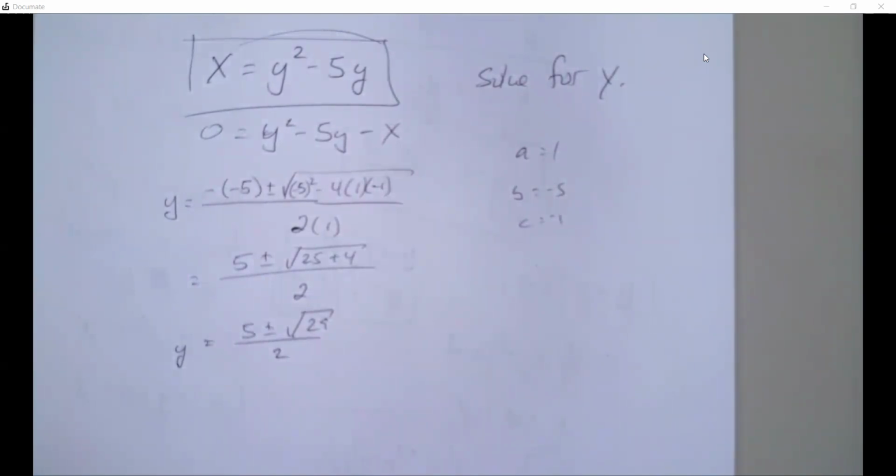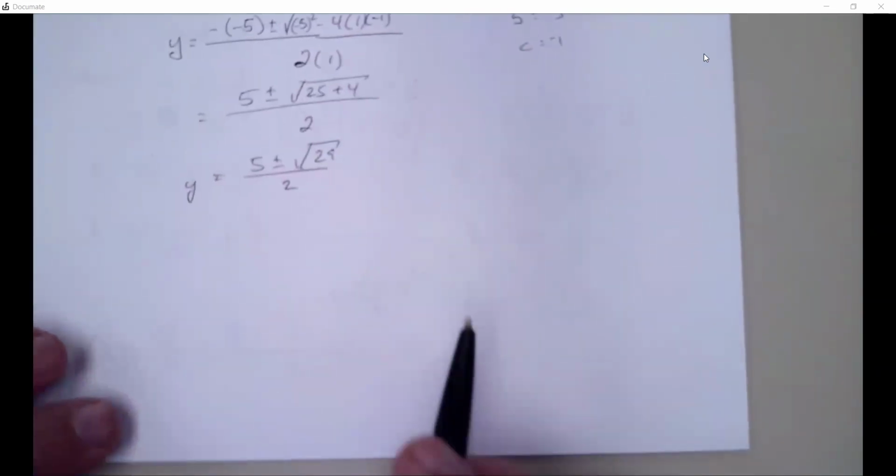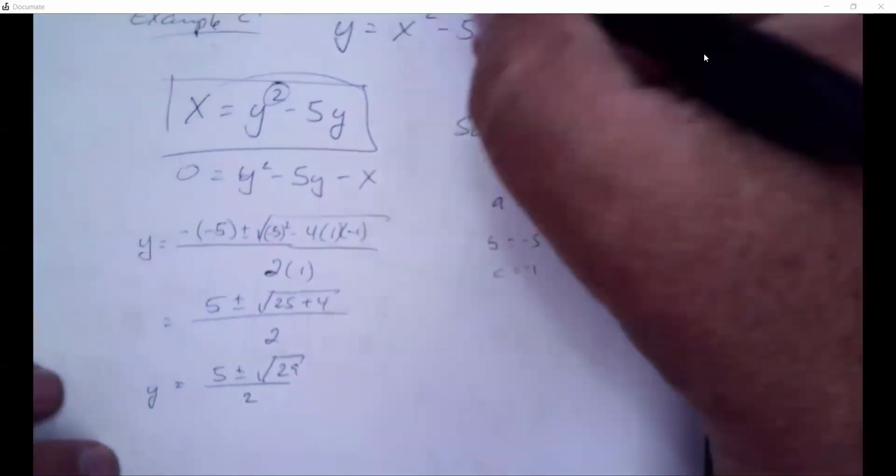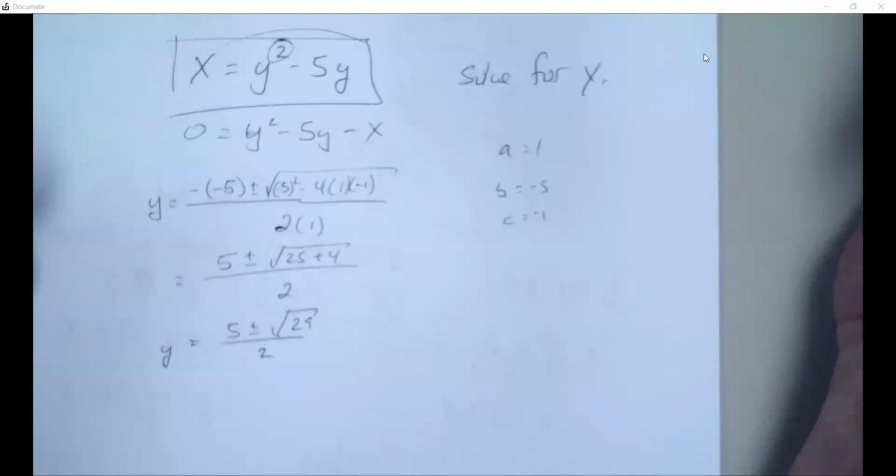But is that really an inverse? Because remember, we still haven't solved for Y. Basically, we're solving for Y. Well, because it's a quadratic equation, we can't separate them.